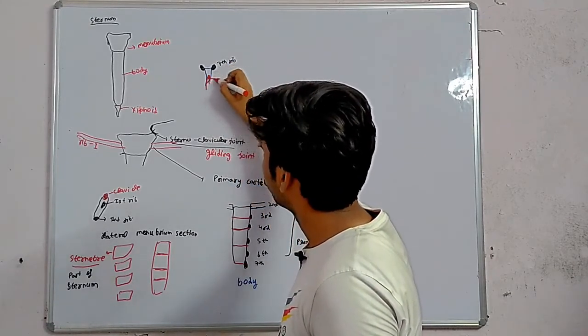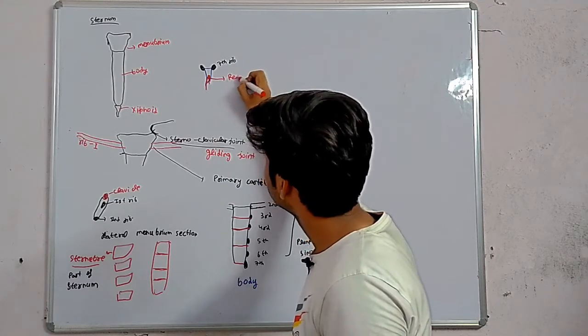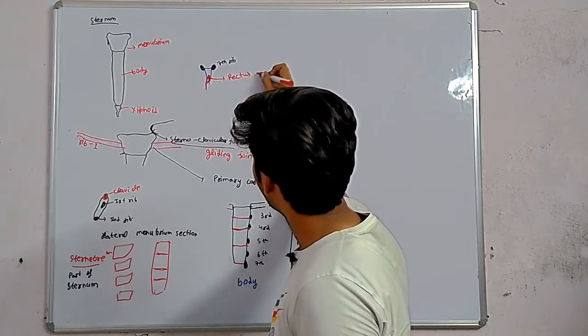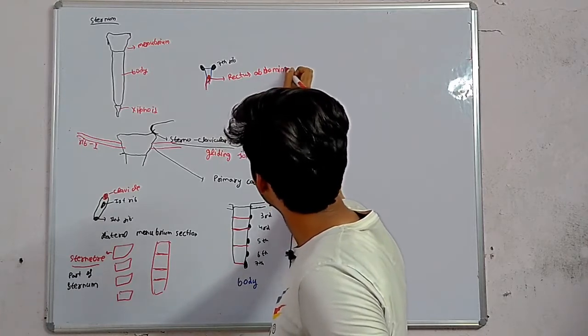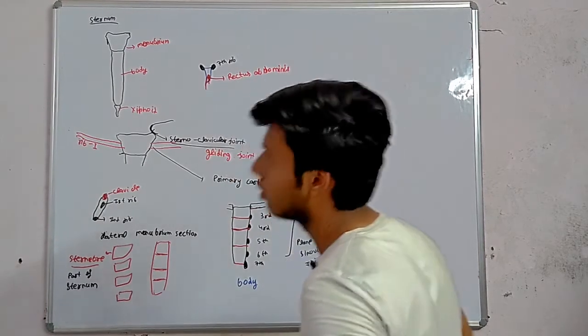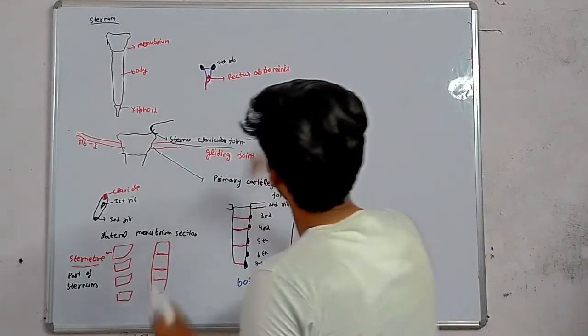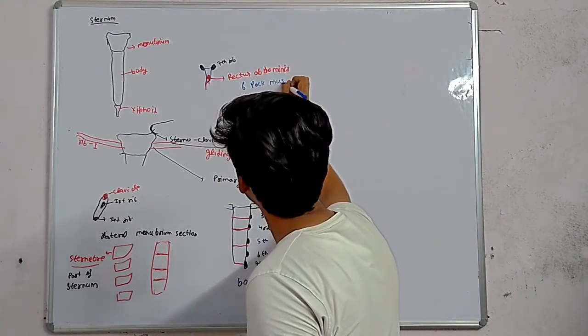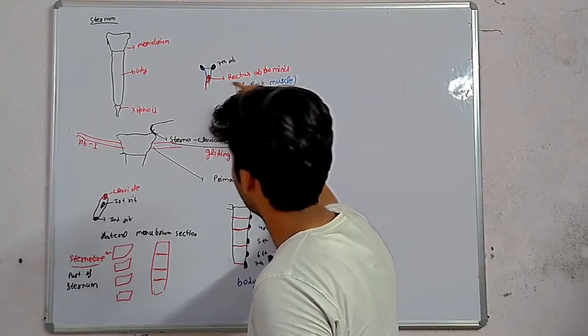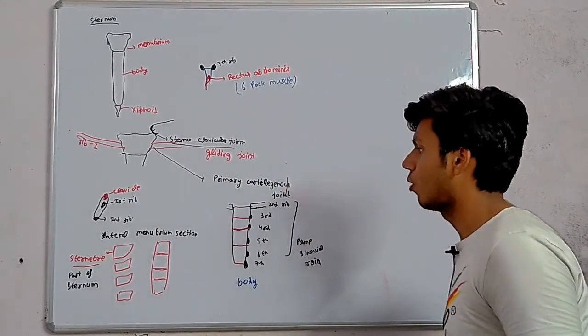This muscle is called rectus abdominis, the six pack muscle. Then these are the 2 xiphoid process attachments.